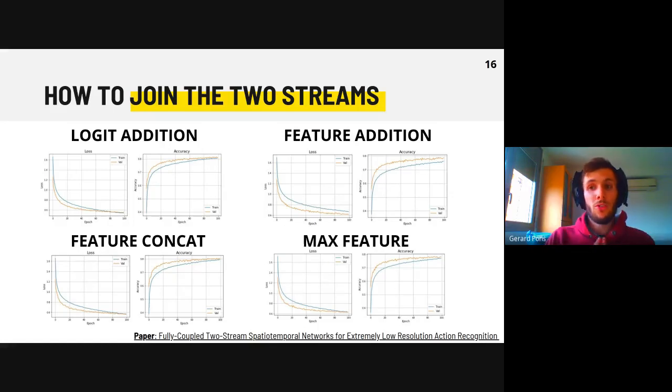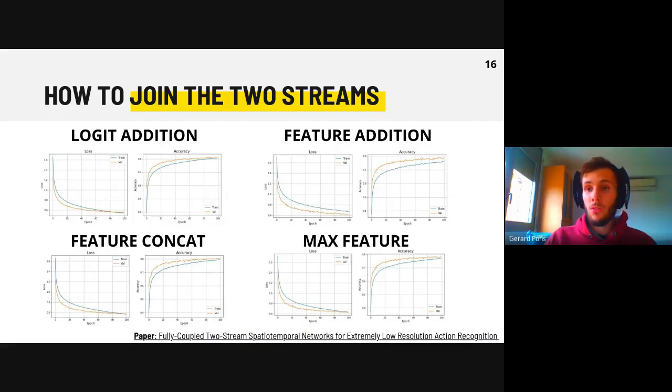Regarding the number of total parameters, the difference between the models was roughly 3 times less in order of magnitude of the total number of parameters, so we consider that to be negligible. And for tunability, the hyperparameter tuning, we found out that the logit addition had double the hyperparameters to tune.